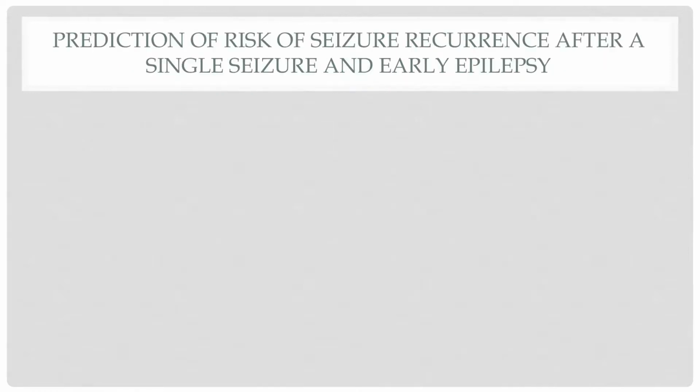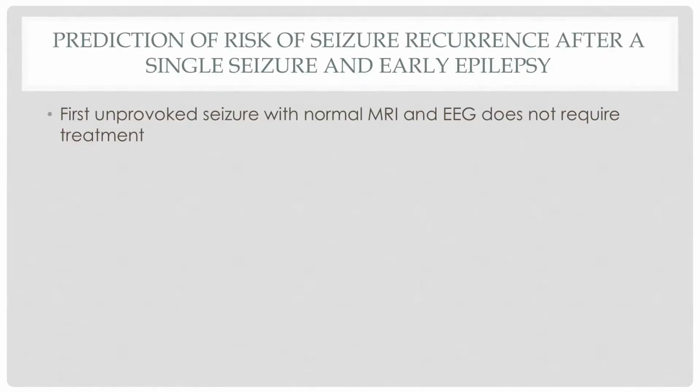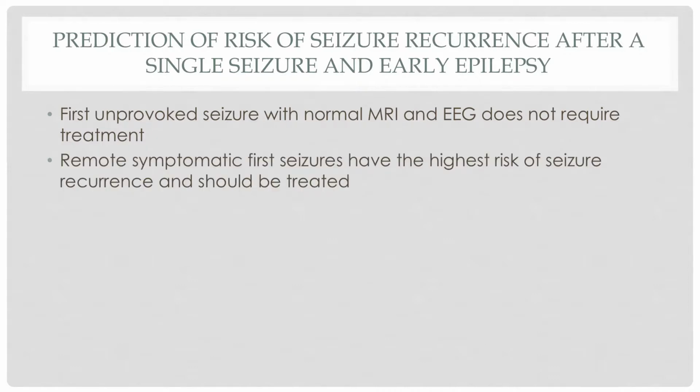So just to summarize this, first unprovoked seizure with normal MRI and EEG does not need to be treated. Remote symptomatic first seizure, they have the highest risk of seizure recurrence and should be treated. So if I see a patient with one seizure, I see the MRI, there is a stroke on the MRI, the EEG shows spike and wave, I'm going to start treatment right away.